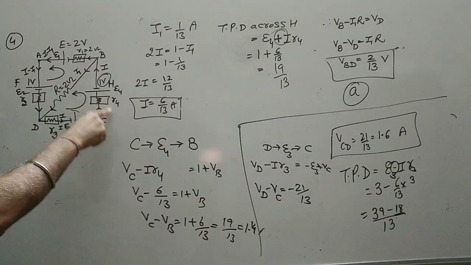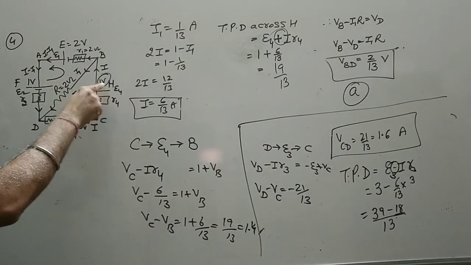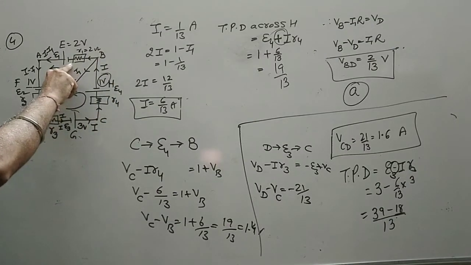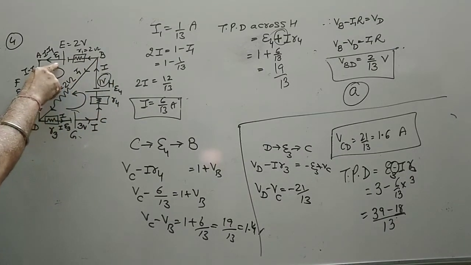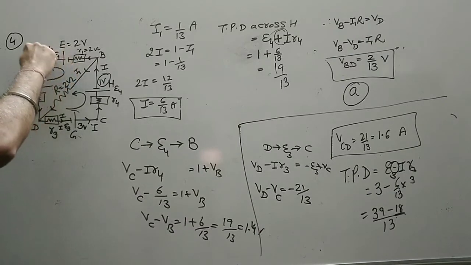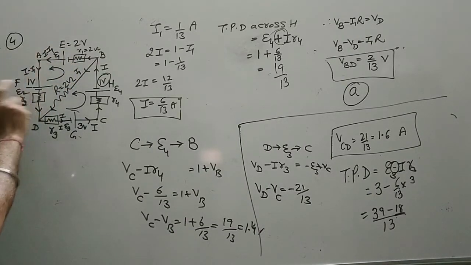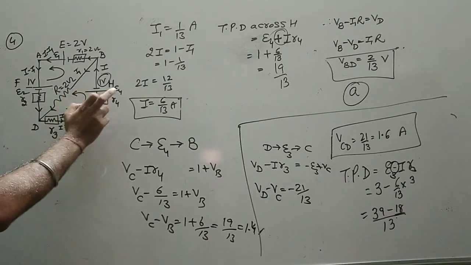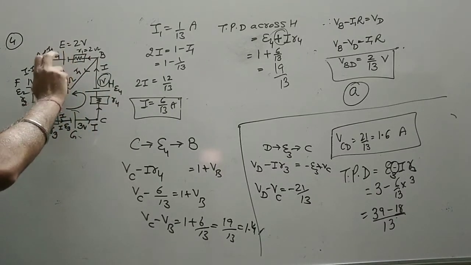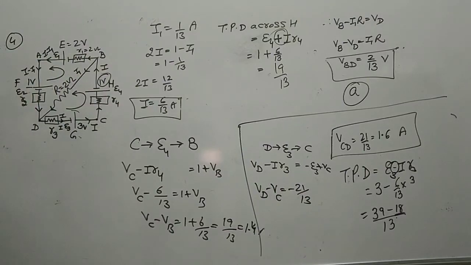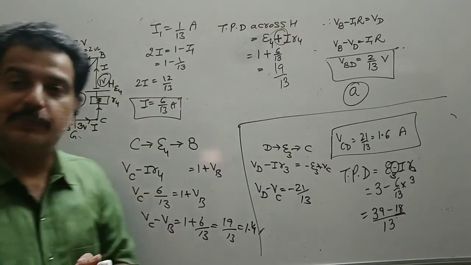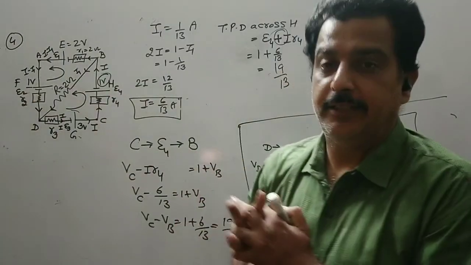Here the current is coming out from the positive terminal, this is discharging. Here the current is going in from the positive terminal, and it is charging. So you can find out the respective potential difference.